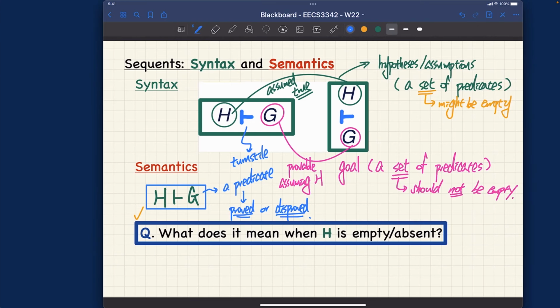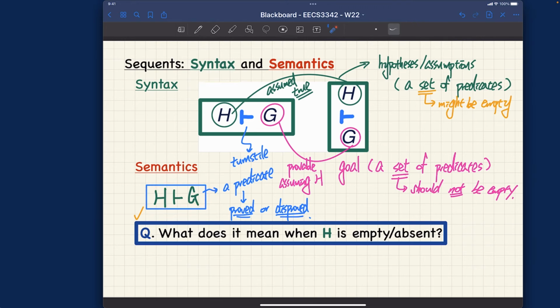Right? Knowing the informal meaning over here, we know that if you're able to prove G by assuming H, in that case, the entire turnstile, the entire sequent over here will be considered as true, as a theorem, meaning that it's proved as a theorem.